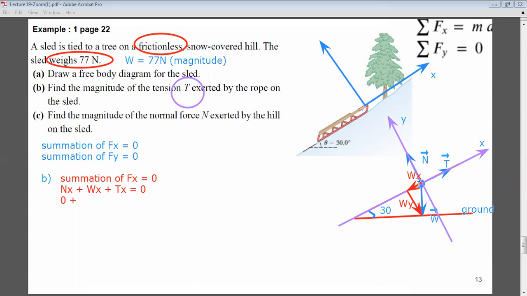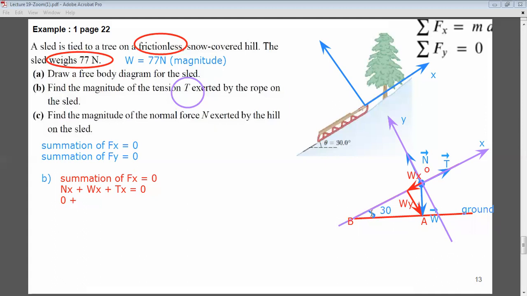Now, how to calculate this wx? If you look at this triangle, let's call it OAB.